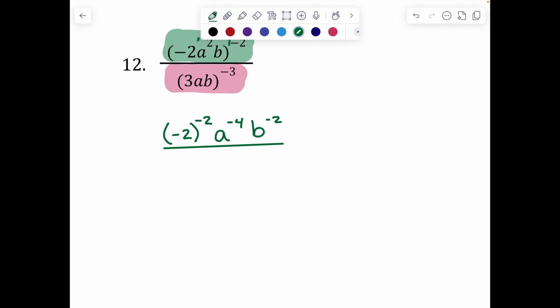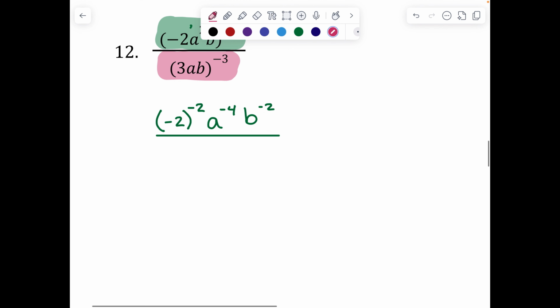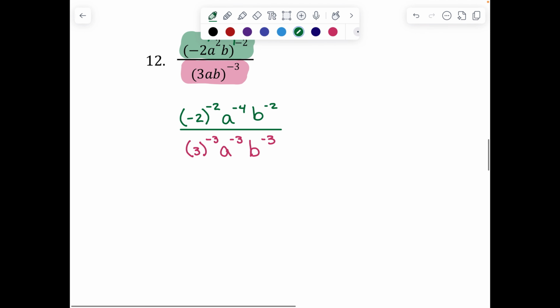In our denominator, we are raising to the negative third. So we are saying 3 to the negative third, a to the negative third, and b to the negative third. So now I am going to move everything that is negative exponents in my numerator, which is everything, to our denominator.